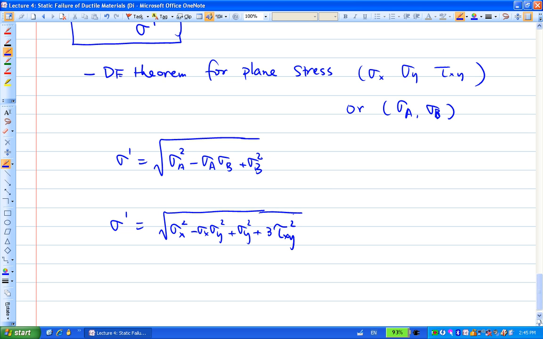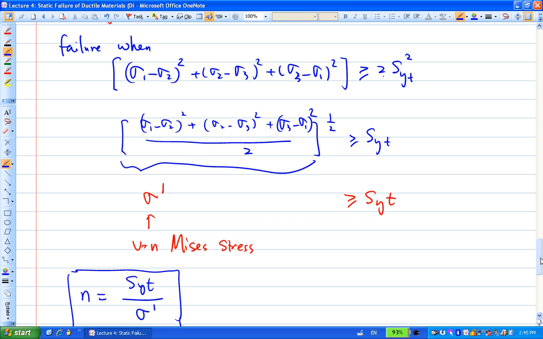So that's the third option. But remember, these two formulas are only applicable when it's plane stress. If you have a 3D stress, then you have to rely on this formula here.